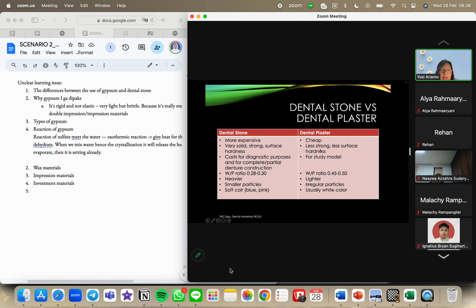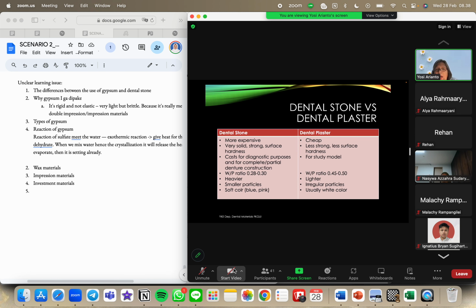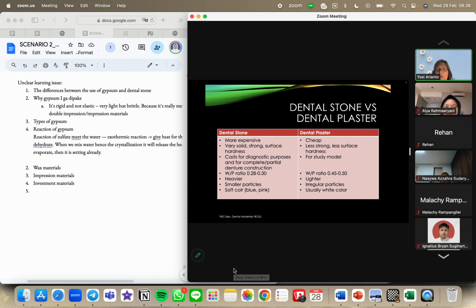Dental stone is heavier, its density is higher than dental plaster. As for color, dental stone has soft colors like blue, pink, yellow, or soft green, and dental plaster is usually white. So you will not mix them up when you see the dental plaster and the dental stone. Dental plaster is usually white.